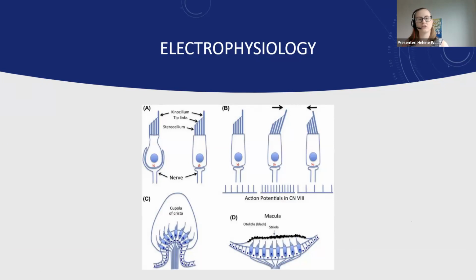They have a base rate of firing, and the movement of the hair cells changes the way these fire, whether it makes them excited or inhibited. Part of the way the brain interprets information from the vestibular system is to compare the two ears and say which one's getting excited, which one's getting inhibited, and that comparison tells us which way the head and the body is moving.